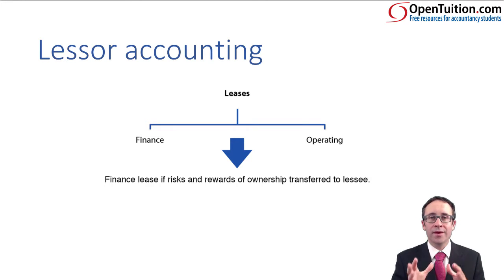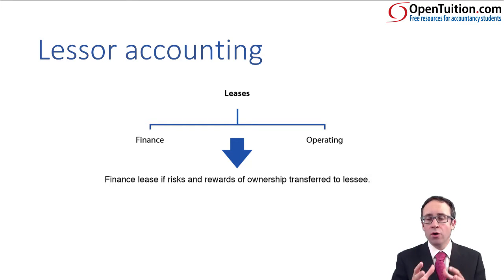The lease is a finance lease if the risks and rewards of ownership are transferred to the lessee. When we're looking at the risk, we're looking at the risk of the asset breaking down, the risk of the asset becoming obsolete. The rewards are being able to get the majority of the economic benefits from the asset's use.